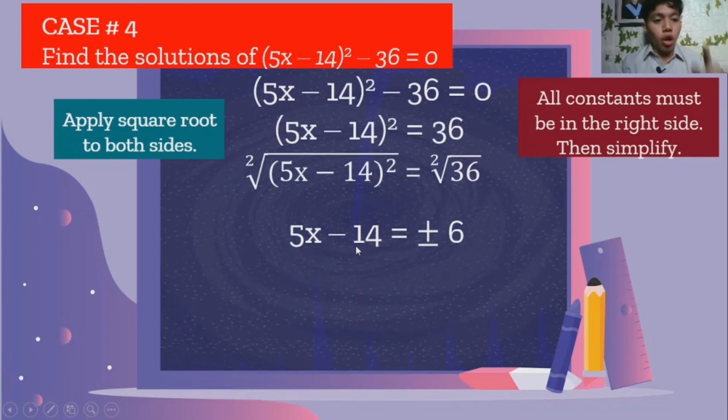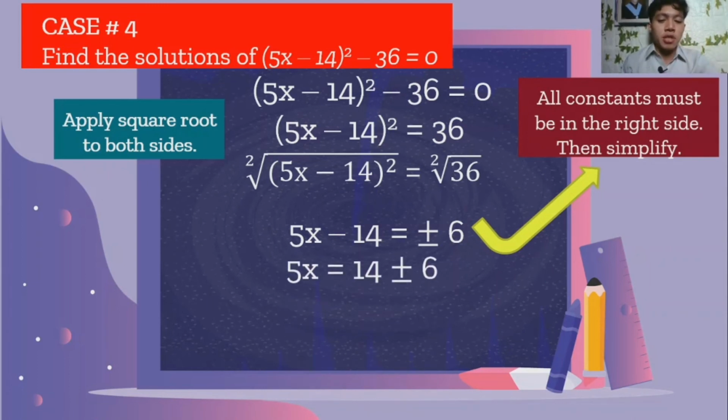Now, all constants must be in the right side. Meron tayong constant dito. Tama? Yung negative 14. Anong gagawin? Dapat nasa right side. So, yung negative 14 magiging positive 14. So, you will transpose negative 14 sa kabila. Magiging positive 14. So, magiging 5x is equal to 14 plus or minus 6. Okay?